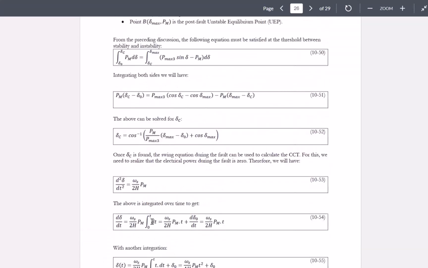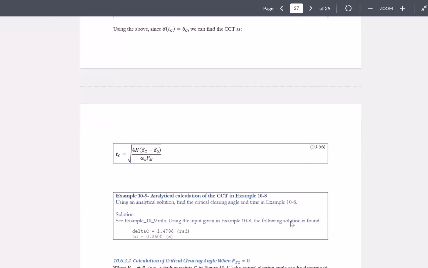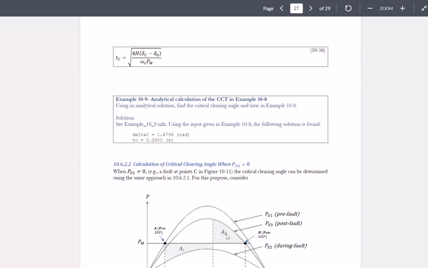And also the critical clearing angle would be this delta C, 1052, and TC. So you can basically solve for the critical clearing angle and critical clearing time through an analytical solution.